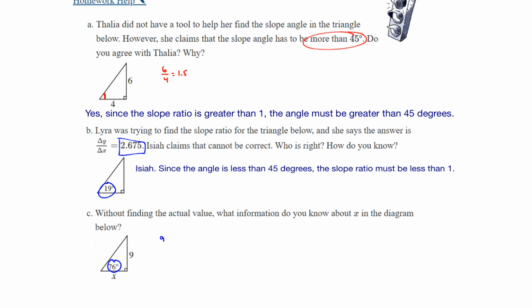So 9 over x must be greater than 1, which means x must be less than 9, because 9 divided by 9 would be 1, and then 9 divided by 8, you need the numerator to be bigger than the denominator so that it's greater than 1. So x must be less than 9. We don't necessarily know exactly what that looks like, but we do know just from looking at it that since the angle is greater than 45, x must be less than 9.